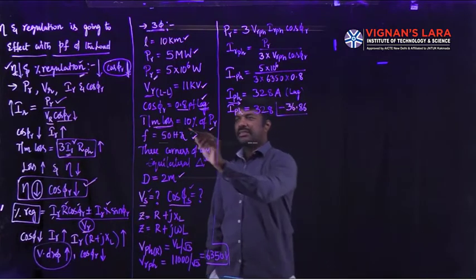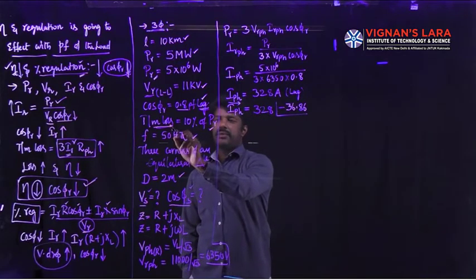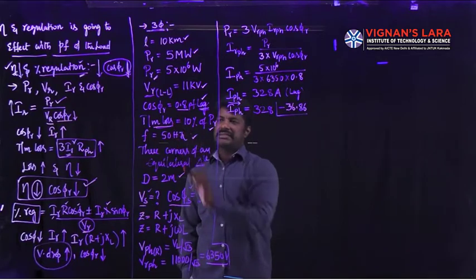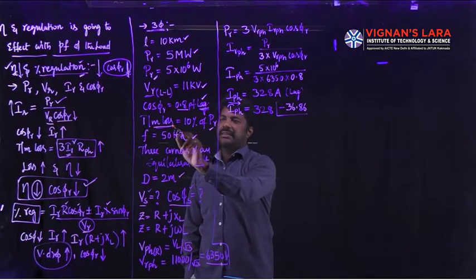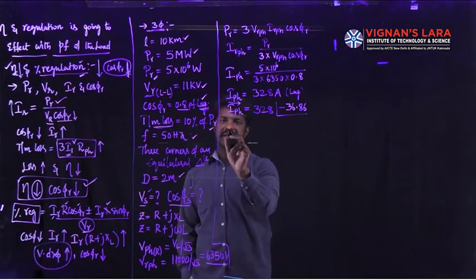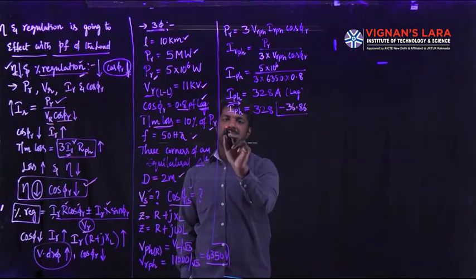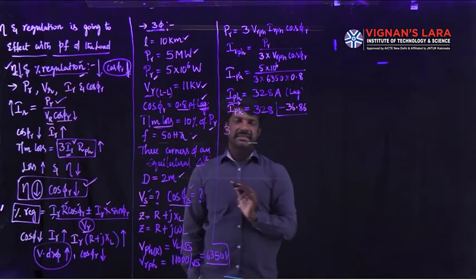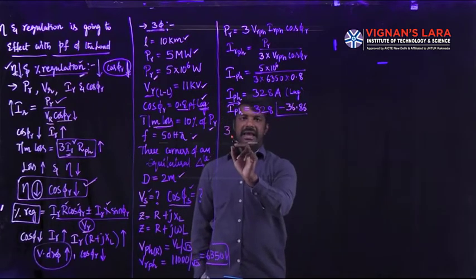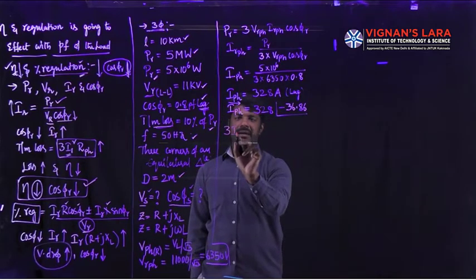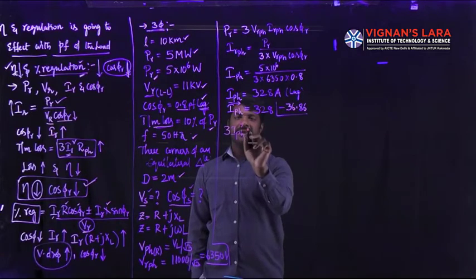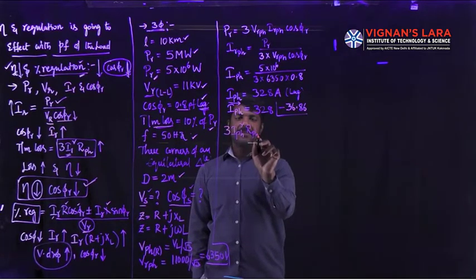That is why from the loss data, we can take out the resistance value. Let me calculate the transmission line losses of this entire system, which is equal to 10% of the receiving end power. Since it is a 3 phase, I will be considering here 3 I phase square into resistance per phase.